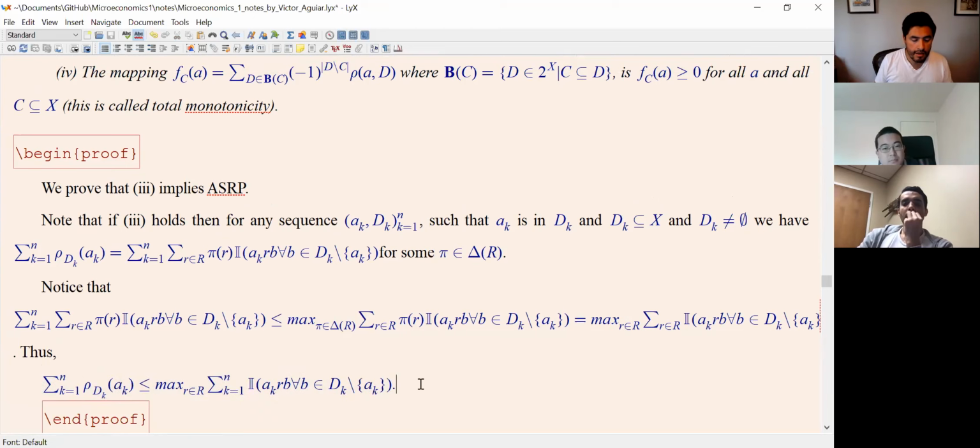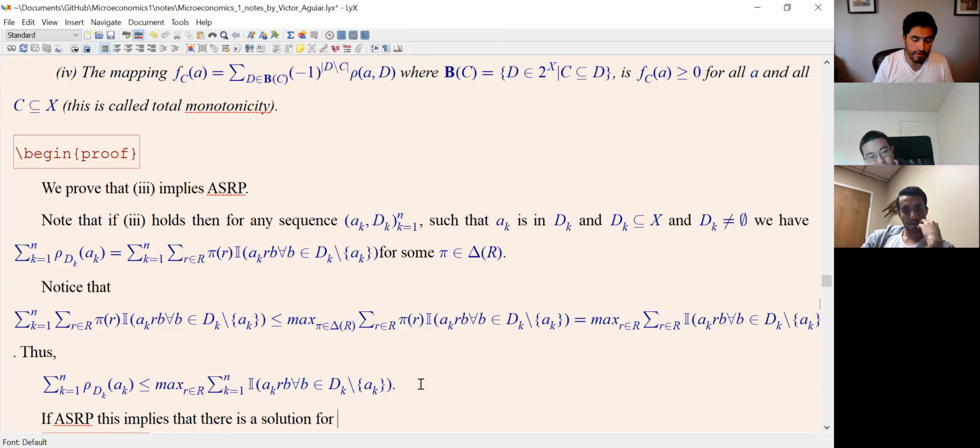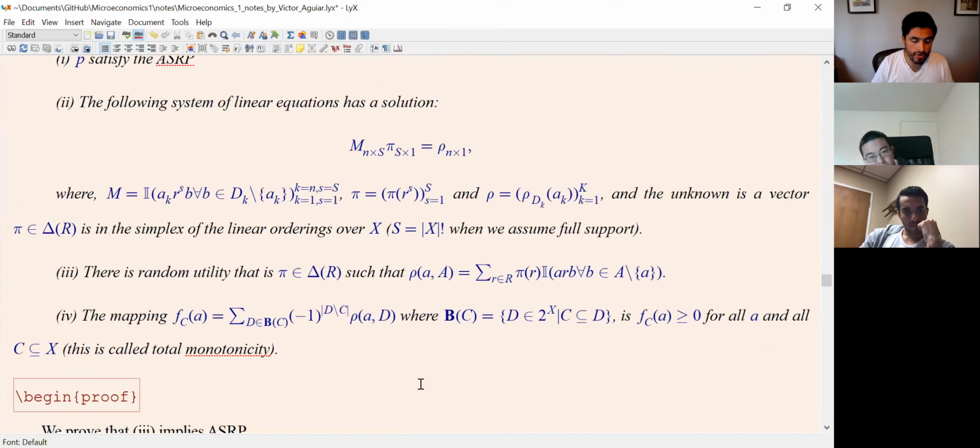Now, I need to show that this thing implies random utility. So I'm going to do it in the following way. I'm going to now prove that if 3 holds, which is the axiom of stochastic revealed preference, sorry, this is 1, this implies that there is a solution for the system of equations 2, okay?